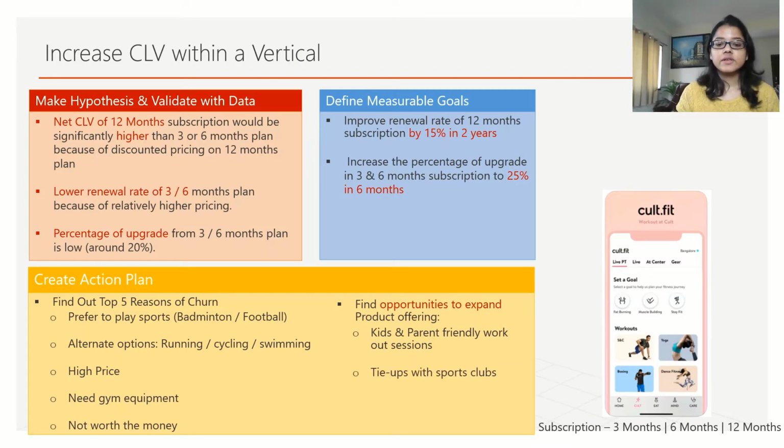Then the second one can be CultFit can tie up with other sports clubs so that they can retain their customers and give them exposure to different type of workout activities which they want to do. Then the third can be some new forms of exercise can be introduced to be competent in the market.